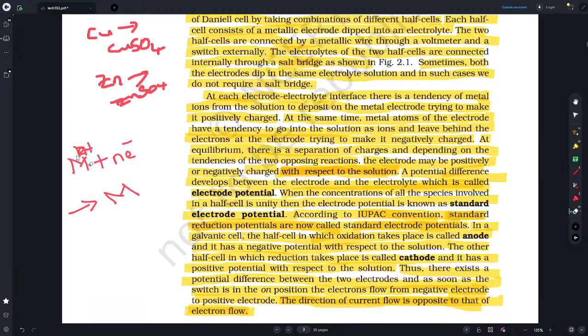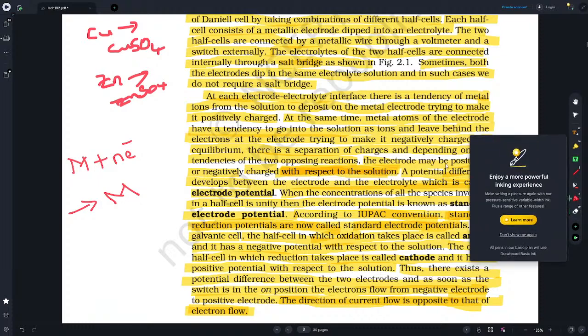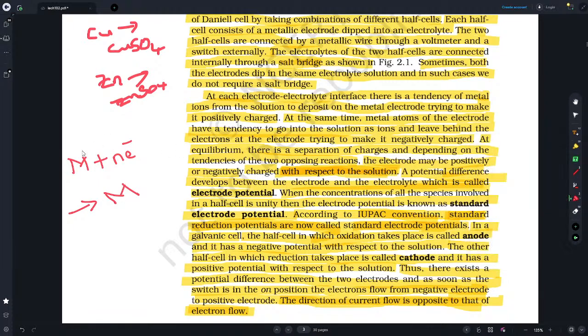The tendency of metal ions to accept electrons and become neutral metal, the tendency of this metal to undergo this reduction reaction, is what we call standard electrode potential.